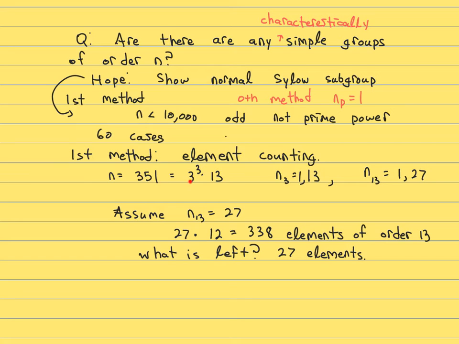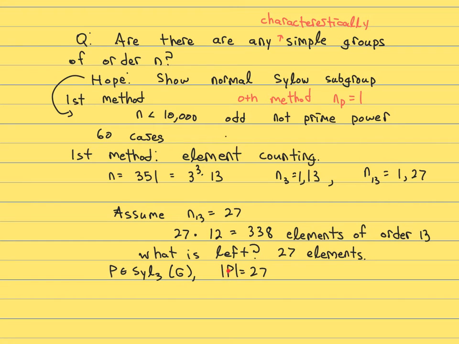However, we remember there has to be a Sylow 3-subgroup of order 27. And the elements in this group are all of order some power of 3. So in particular, no element in this group is of order 13.